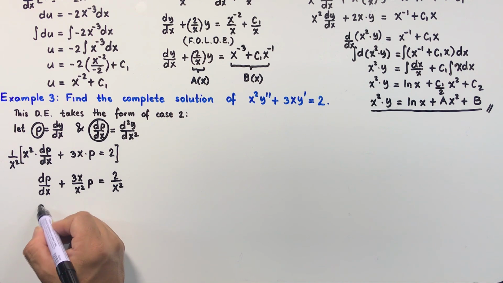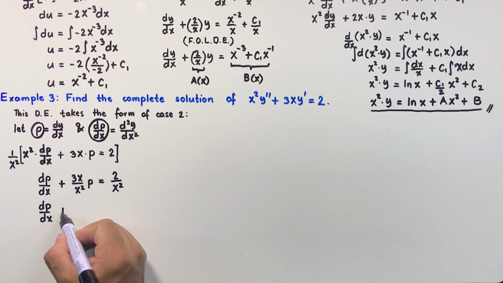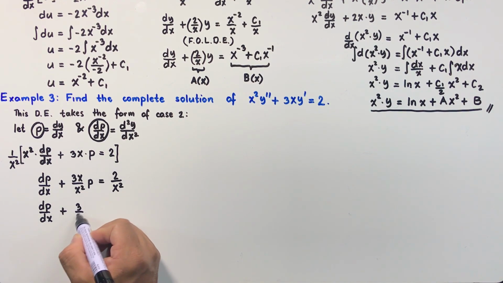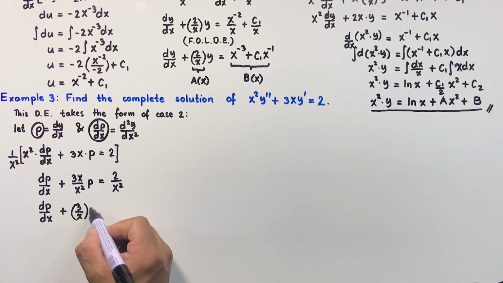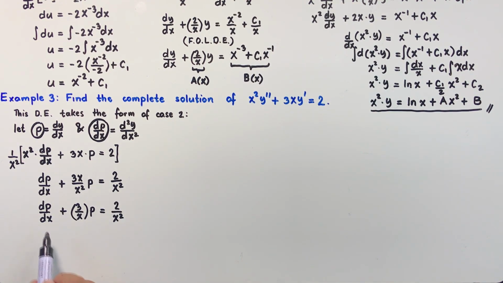Rewriting our equation, we have dp/dx plus 3 over x times p, which is equal to 2 over x squared. And you notice that this is already a first order linear differential equation because this is linear in p.